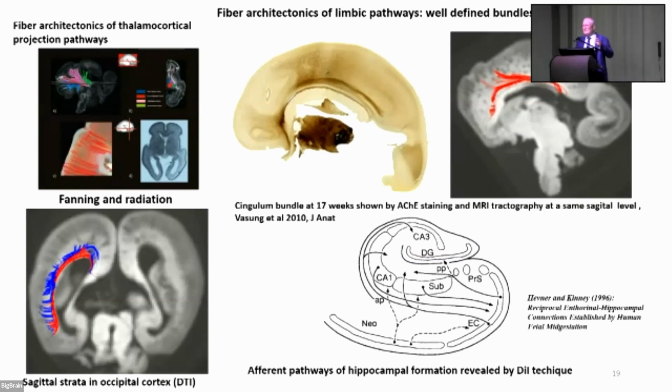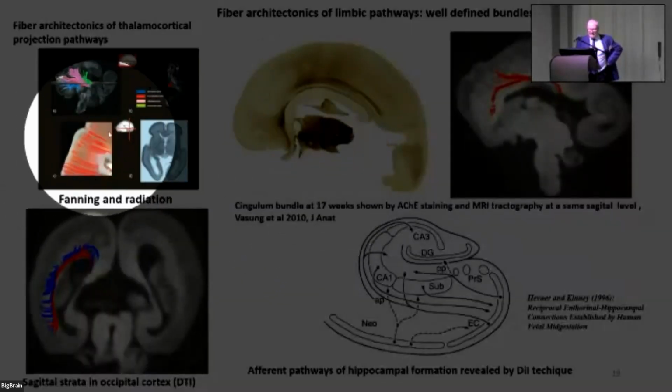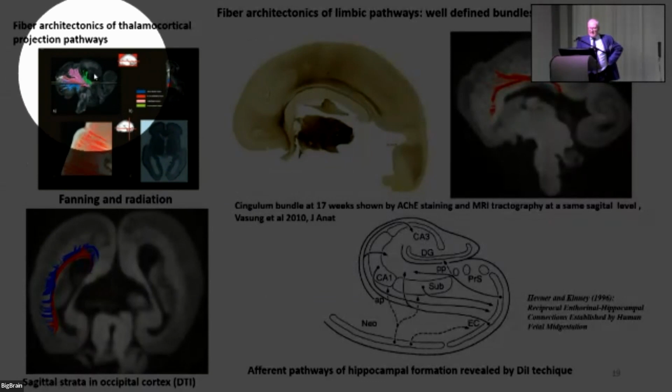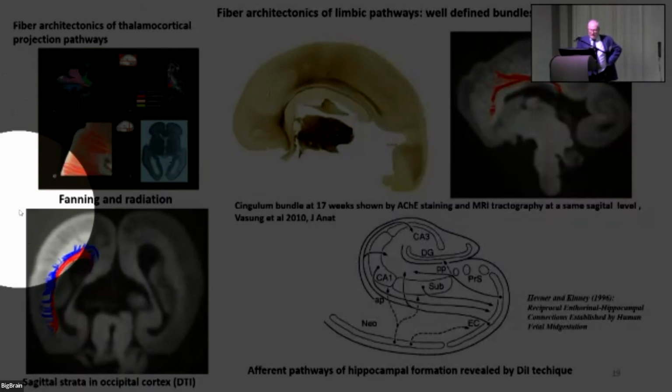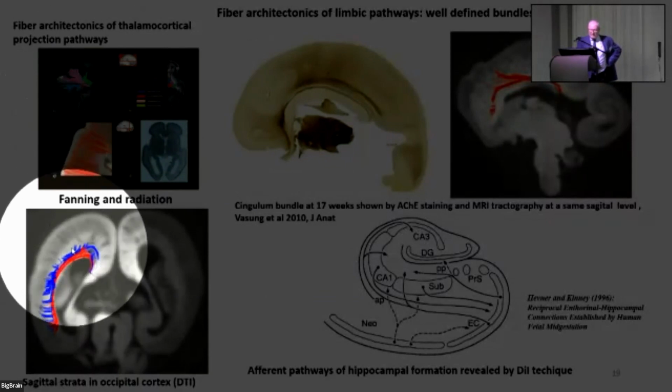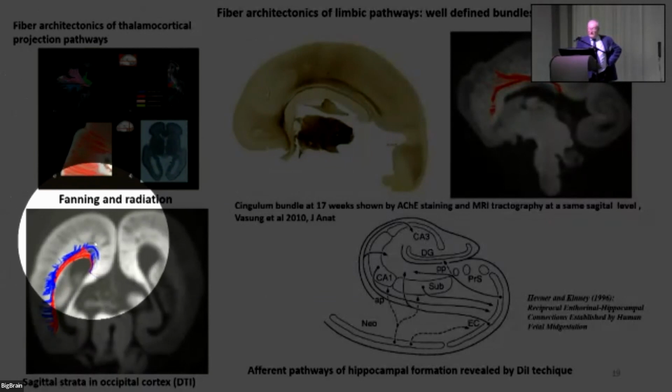Now, for people who are doing reconstruction of pathways and the so-called geometry of the white matter in the telencephalon, I noticed that they don't see the major difference between the neocortical afferent systems, that is DTI reconstruction of thalamocortical radiation, or sagittal strata, visual pathways from deep visual centers and pulvinar coming to the visual cortex.